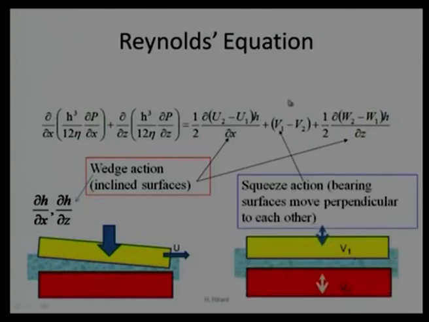We derive the second term also, which is known as a squeeze term. Basically it depends on squeezing action of plates or relative movement along the film thickness. That is why we say that if I am assuming the tribo pairs, they move perpendicular to each other, and this figure illustrates that.